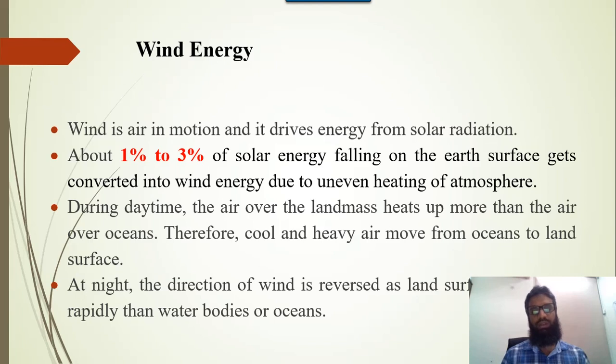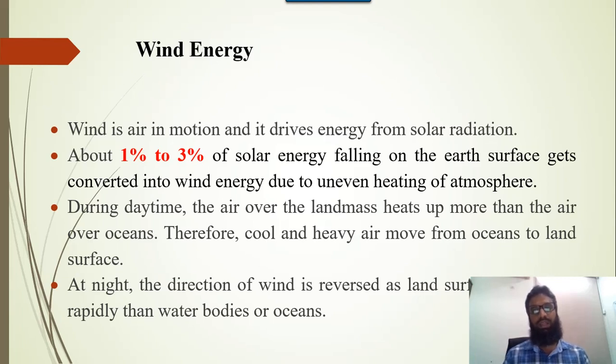As you know, wind is basically the movement of air. When sunlight falls on the surface of the earth, there are two types of surface: one is the ocean area where there is water, and the other is the land area. In the day, the temperature of the land area is high compared to the water area.